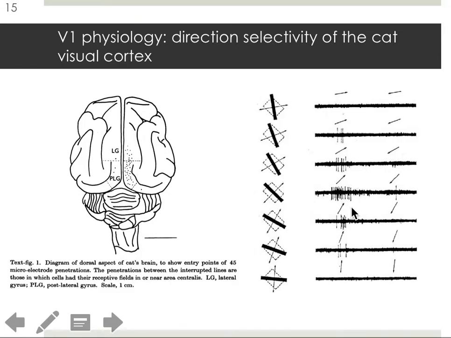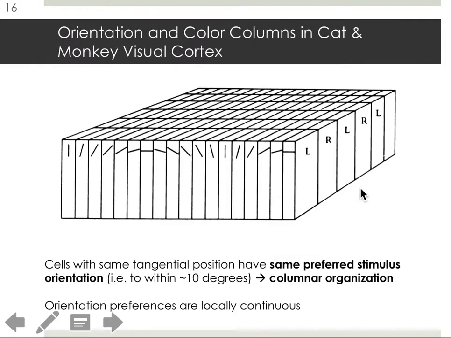So this cell is sensitive to this orientation, and different cells have different selectivity for orientation and direction. What's also important is that different columns of cells within the primary visual cortex are sensitive to a continuous distribution of directions, right?